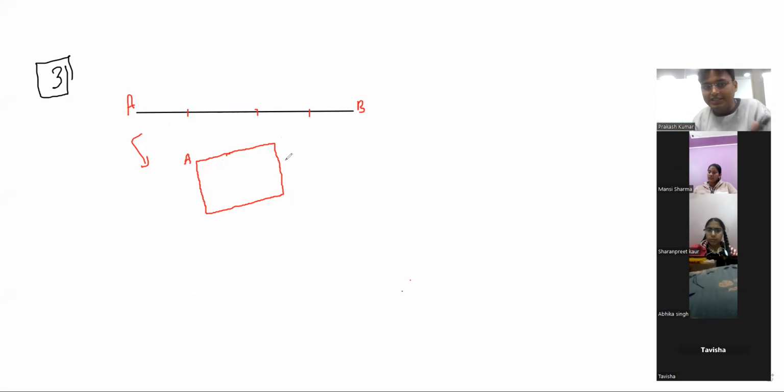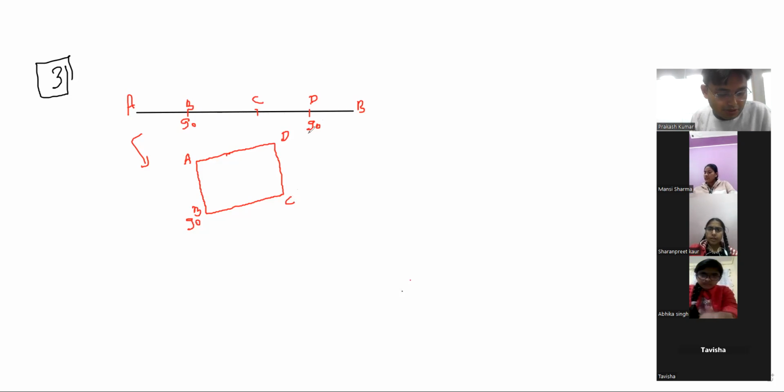I am bending at 90 degrees. This is point B. Then I bend from here. This one is point C. And I bend from here, suppose it is D. Again I bend here at 90 degrees. So this whole wire will get the shape of a square.